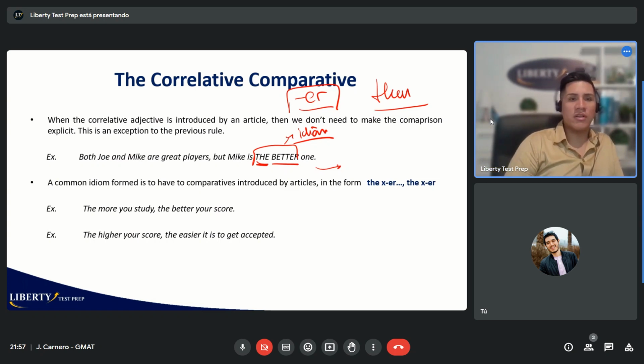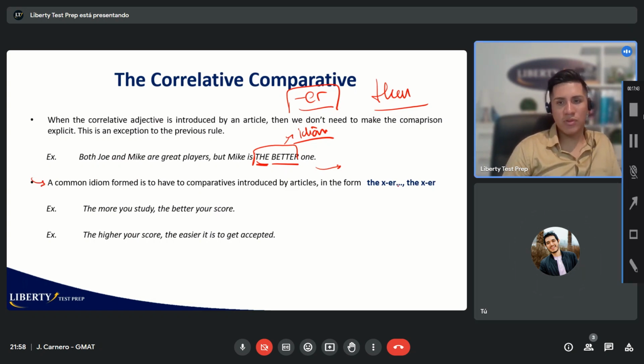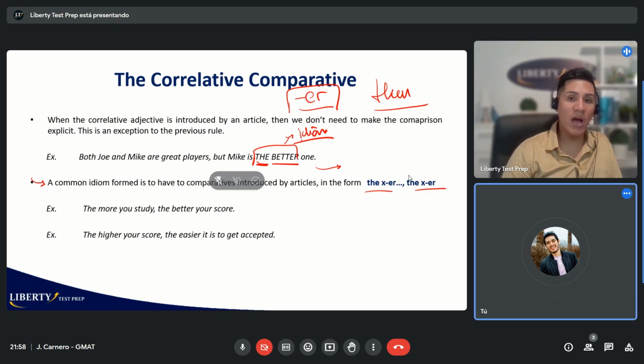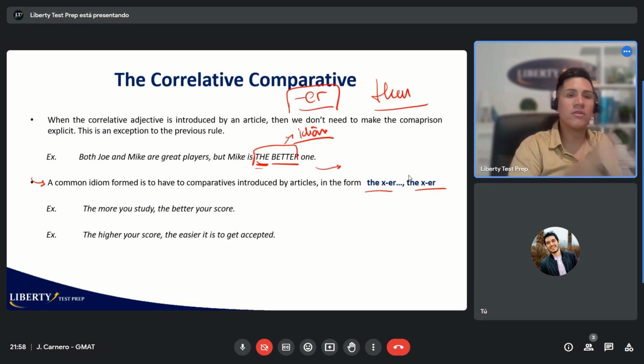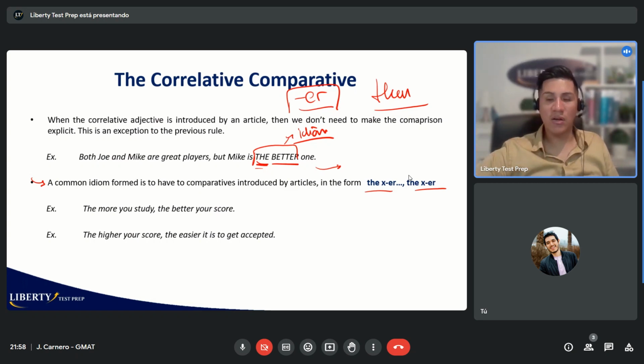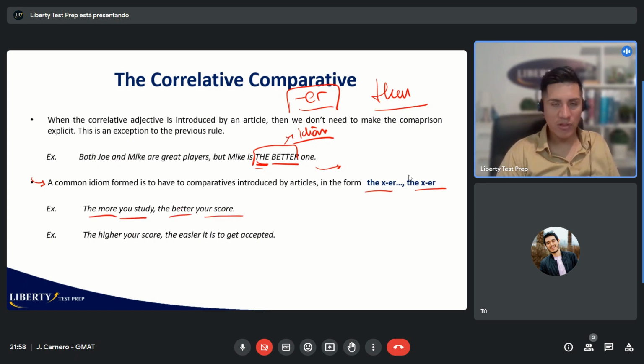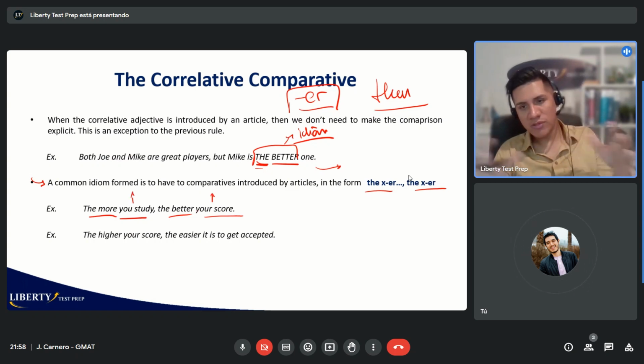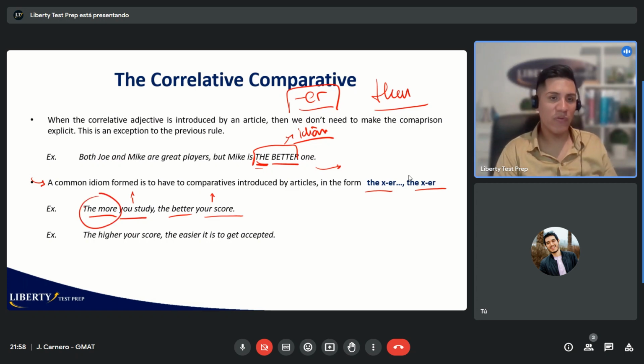Now, they say here you have that idiom, right? That idiom usually is when you have one comparative with the, the better, for example, on one side, you're going to want to have a comparative on the other side too, plus an article. Example: the more you study, the better your score. So here we're trying to form a correlation. The more something, the better something else. So if you feel that there's a correlation, and on one side they have the plus a comparative, you have to do the same thing on the other side.